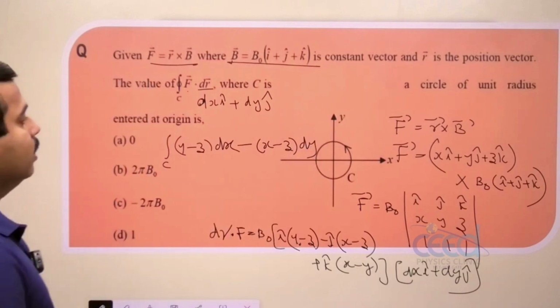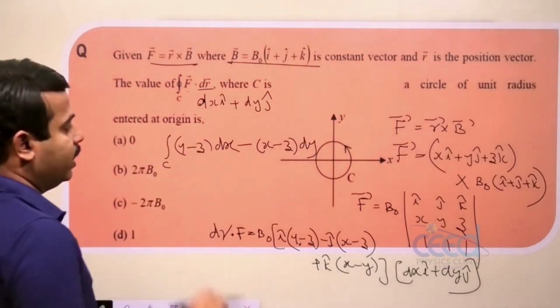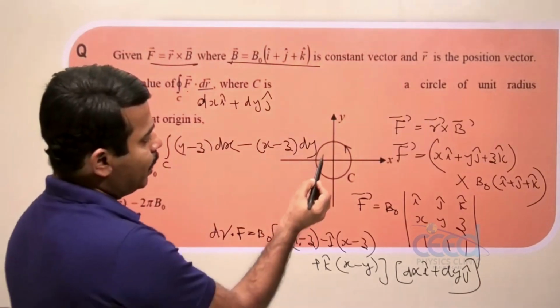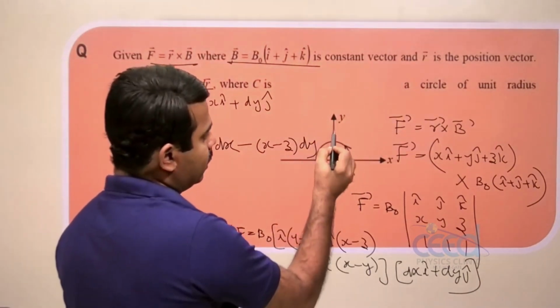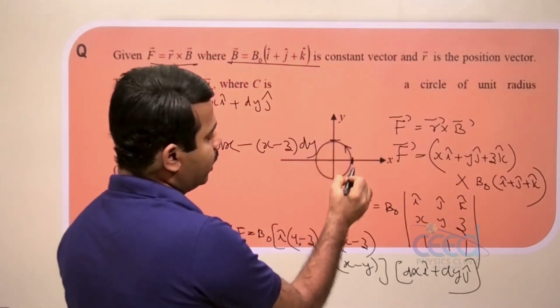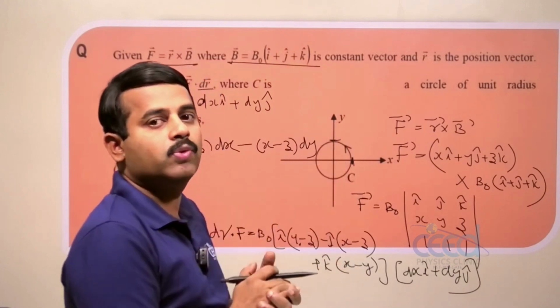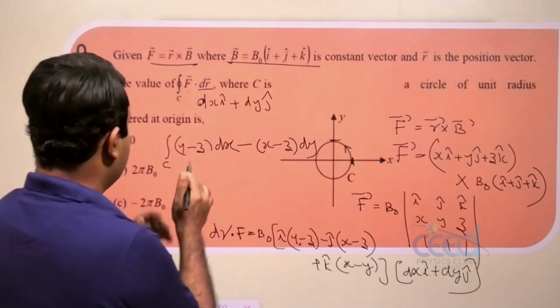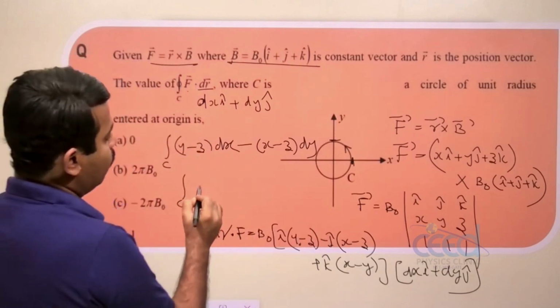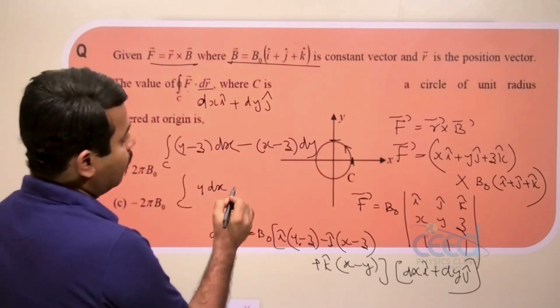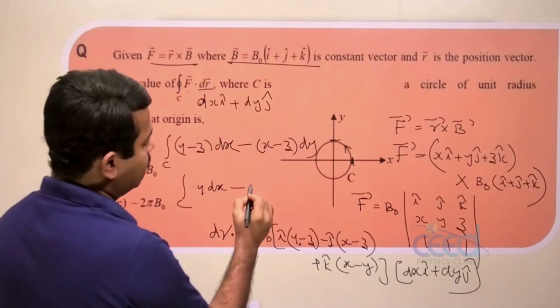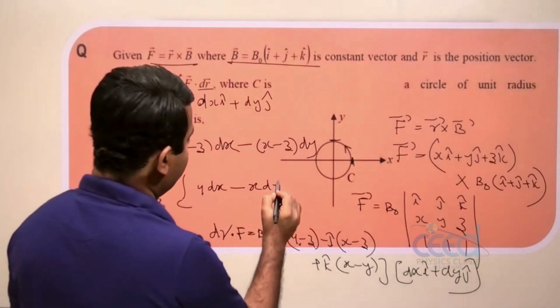Now look here, this is a curved integral, but this circle is located in the xy plane, where x coordinate is there, y coordinate is there, and z value is 0. Then you can put there curved integral y dx minus 0 x dy.